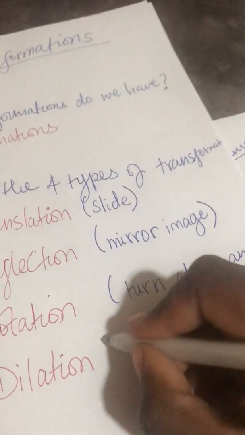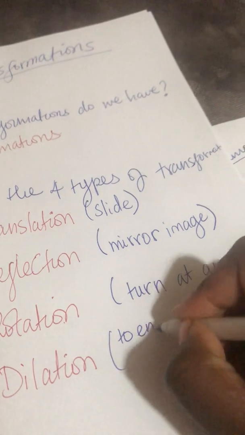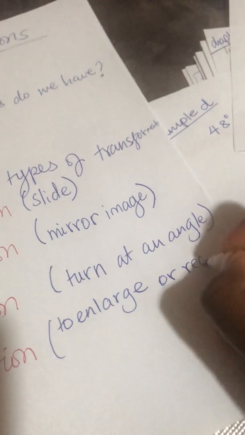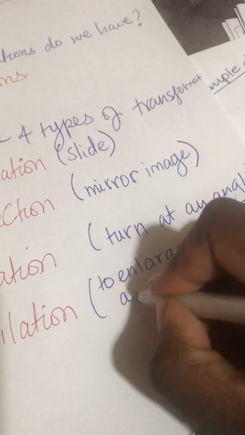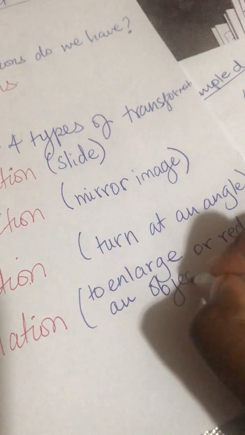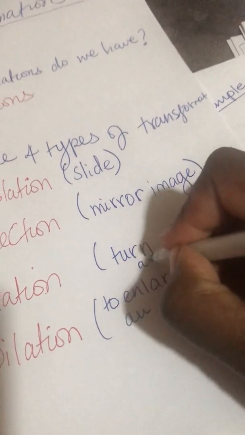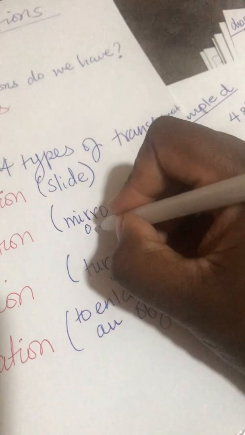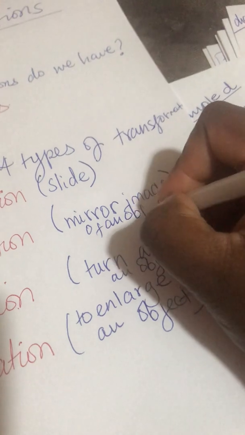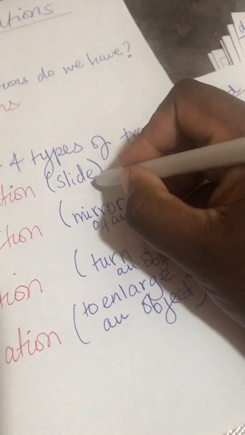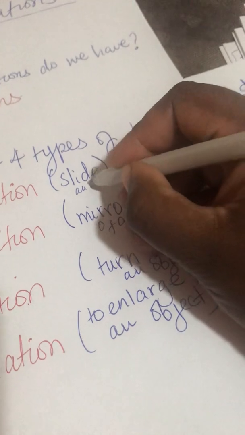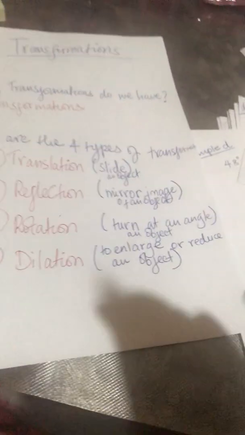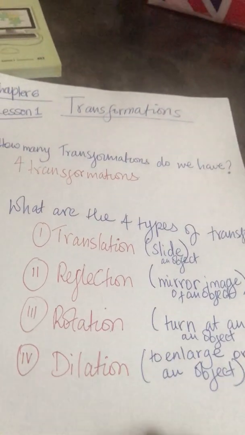Another word for dilation, to enlarge or reduce an object. Okay, so these are the types of transformations.